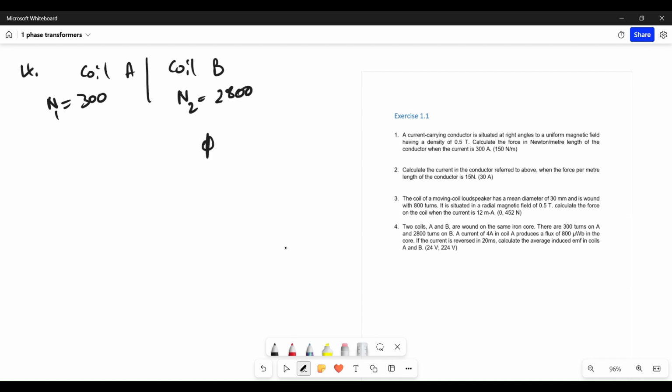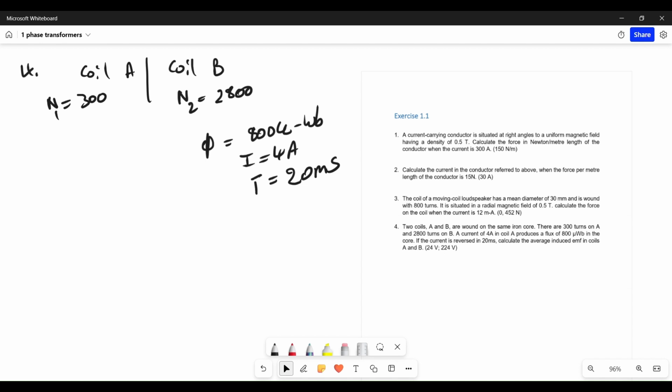The flux is 800 microweber. So we're given the I is equal to 4 amperes, and then we're given the time T, which is 20 milliseconds.